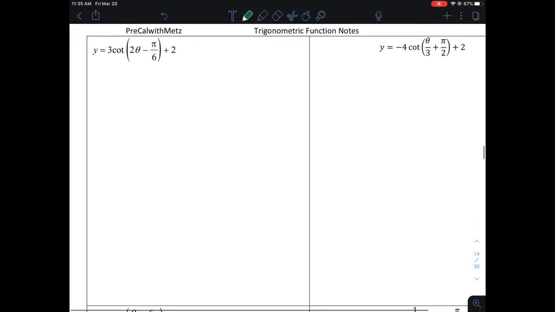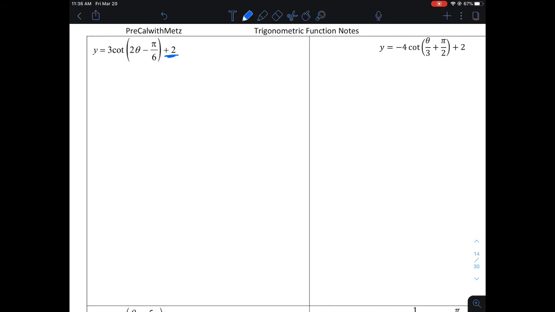Now let's look at graphing a cotangent function and a process to go through that. To graph the cotangent and tangent, I don't graph sine and cosine and make their waves. What I do is I find the vertical part, the +2 on the end.